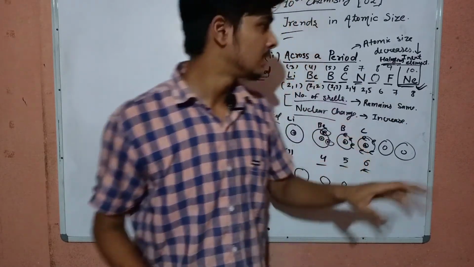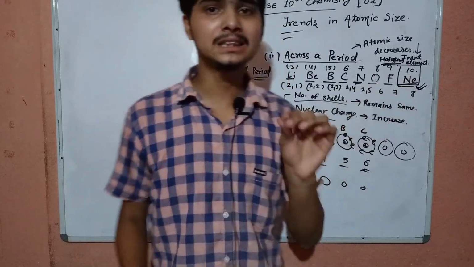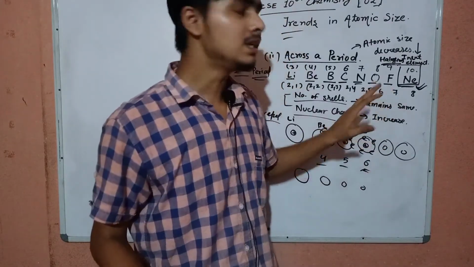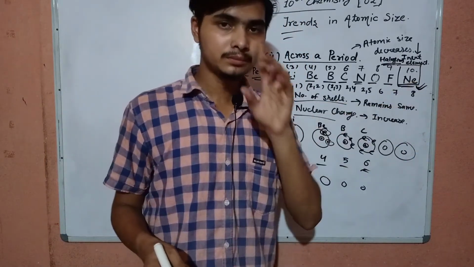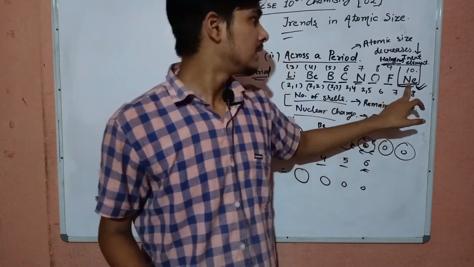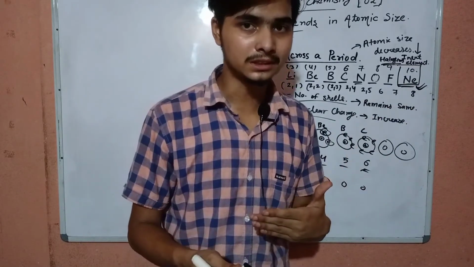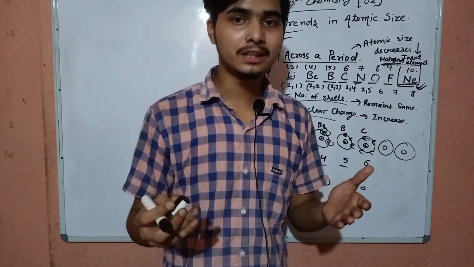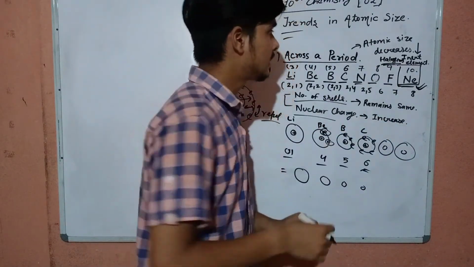The answer is that in inert elements there are maximum electronic repulsions, and due to these electronic repulsions they do not feel the effect of nuclear charge. I would repeat that in inert elements they have the maximum electronic repulsions, and due to these they do not feel the nuclear charge effect, and that is why inert elements are bigger than halogens.